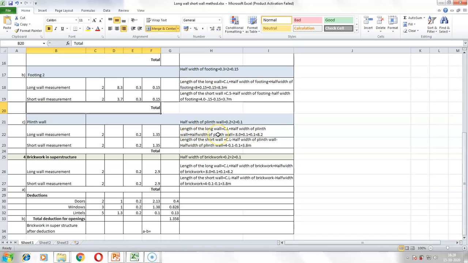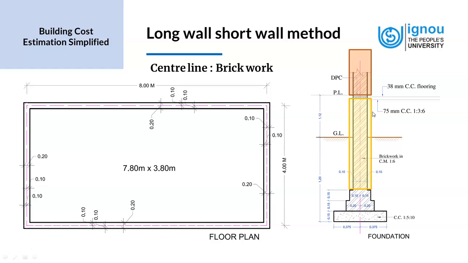Again, for the length of the long wall, we'll go back to the drawing and see how to find the length of the long wall and short wall. What we are measuring is this area, which is hatched in yellow, and the brickwork above it is hatched in a separate color.